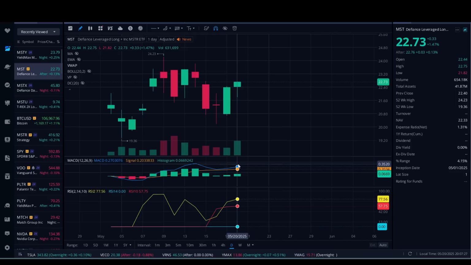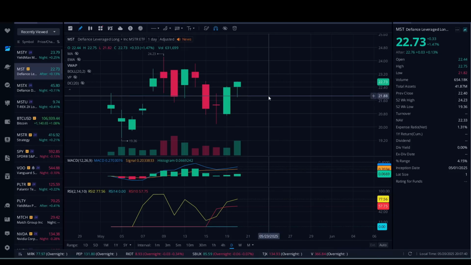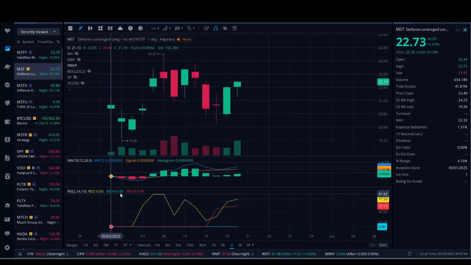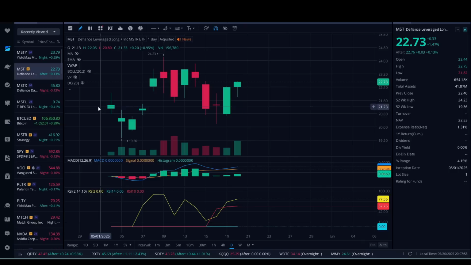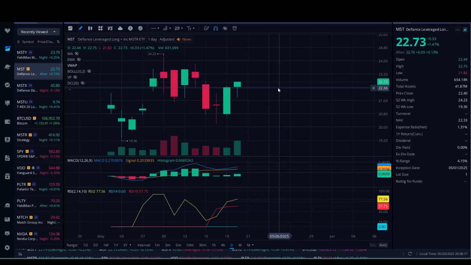It is moving up. The momentum is increasing. And we do not have enough information really for the RSI 14, as it would need 14 candles. And as you can see here, including today, there's only 13 candles. So that's what I mean by it hasn't been out long. So we'll give it some time and we'll see how MST does.